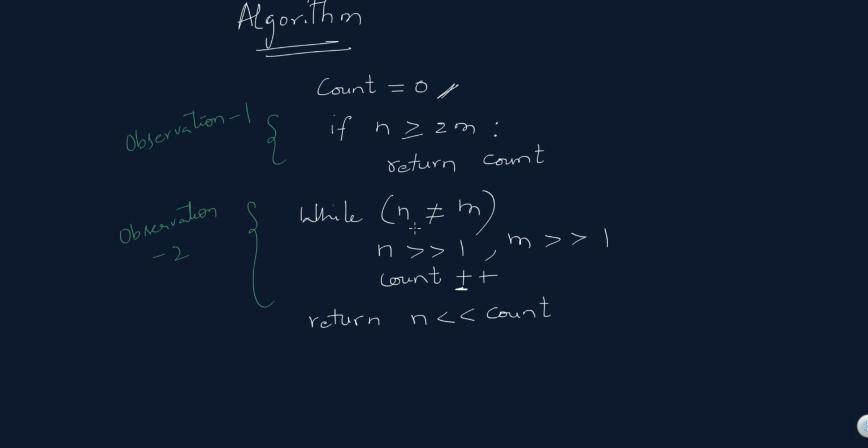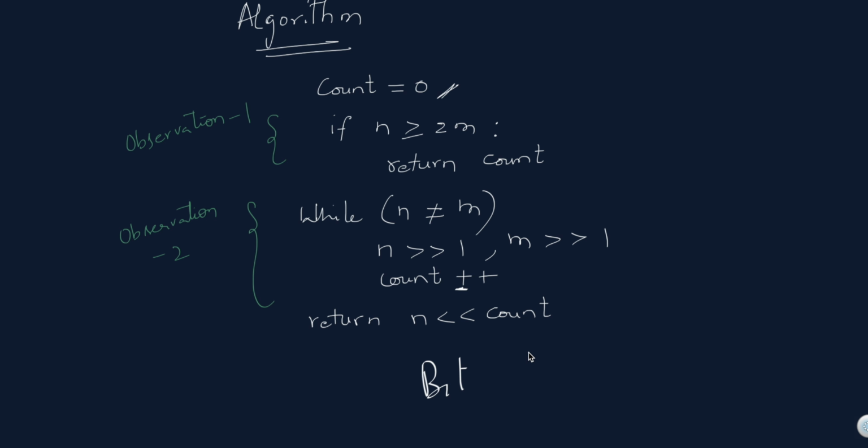So until n is equal to m, it will be happening. While n is equal to m, we will be exiting this while loop and we will be returning left shift of n by count number of times. So this is the algorithm where we will be getting the bitwise and of range m comma n.